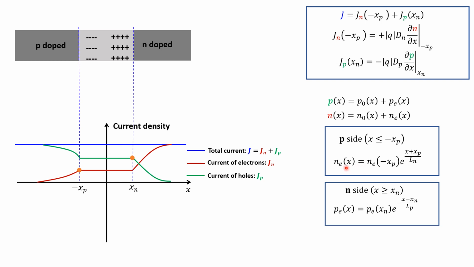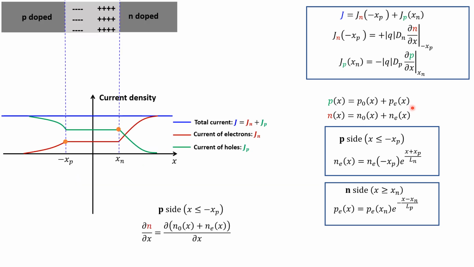Also notice that the other boundary condition is that this concentration must go to 0 when x goes towards negative infinity. That's why we need the positive x here, because now we are requiring that when x goes to minus infinity, this concentration goes to 0. And of course, this term here goes to 0 when x goes to minus infinity, in other words, very far away from the depletion region. But the total concentration does not go to zero. It goes to the value in equilibrium.